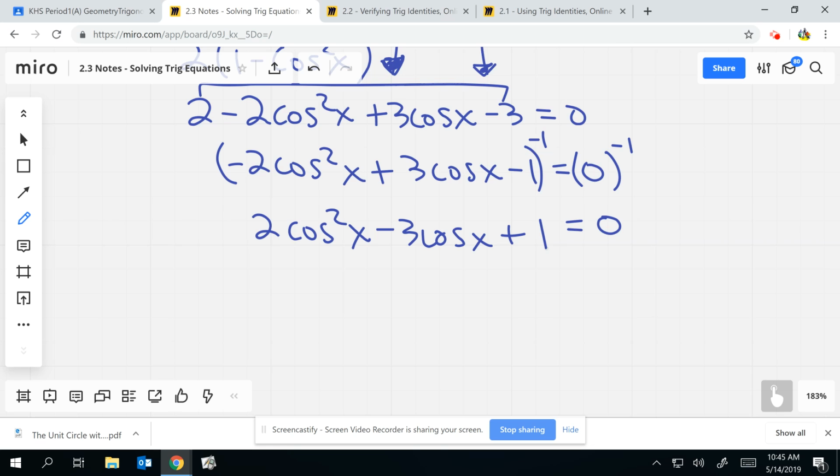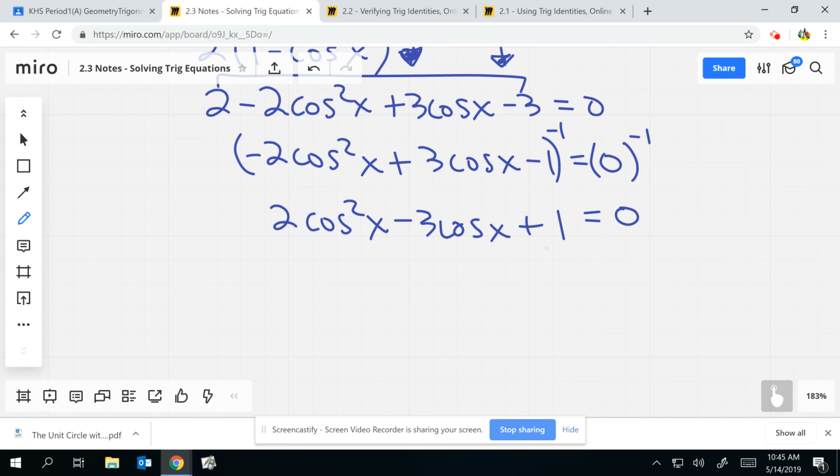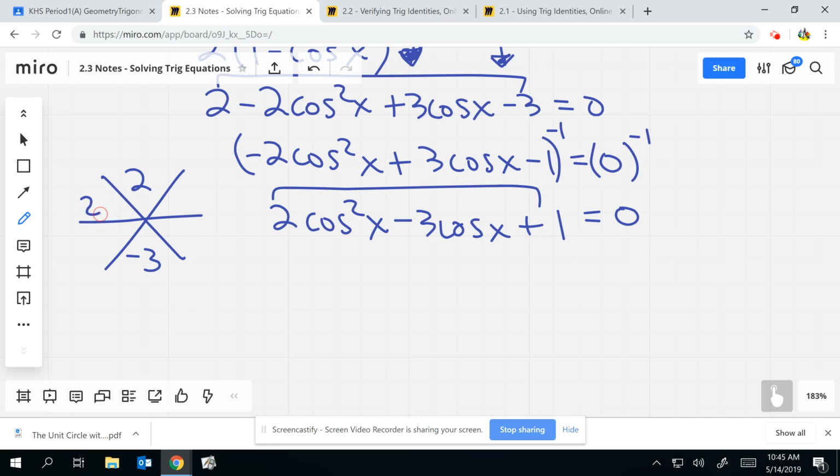Now you can factor that. Now you can draw your star again because you got a number in front. 2 times 1 is 2, negative 3 on the bottom, 2x and 2x. Multiply to give a plus 2, but they add up to be a negative 3. Ooh, you got to have two negatives this time, right? Negative times negative would give me a positive.